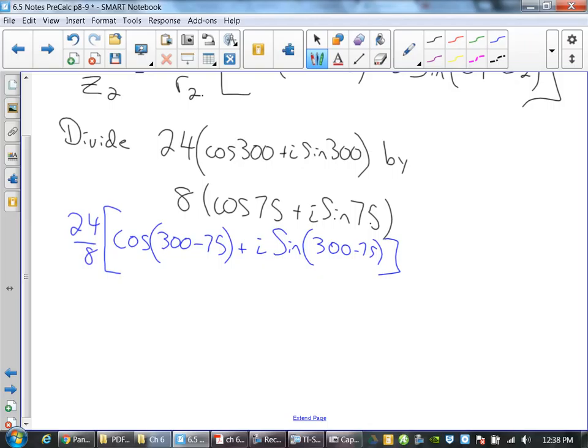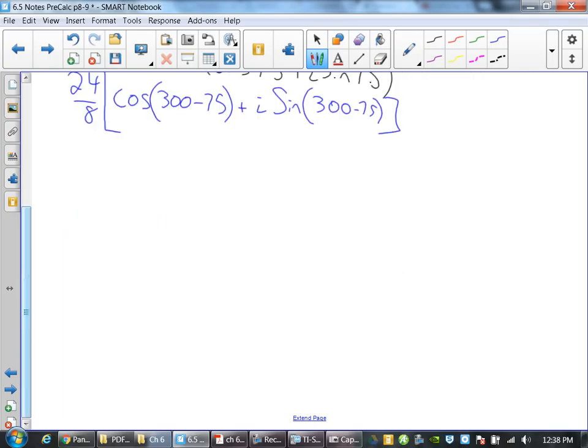Are we okay substituting it then? What's 300 minus 75? 225. What quadrant does 225 drop to? Third quadrant. So let me move this up a bit.